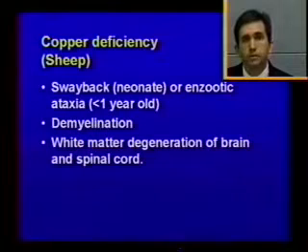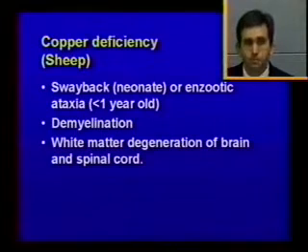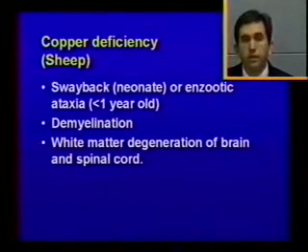So in copper deficiency, the myelin is broken down, nerve impulses are not sent efficiently, and the animal becomes ataxic or loses control of the limbs. And histologically, a slide would show white matter that was degenerating in both the brain and the spinal cord.